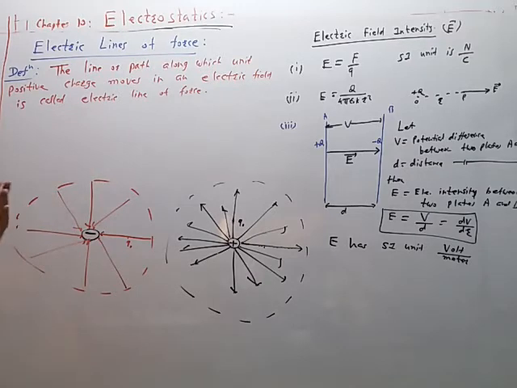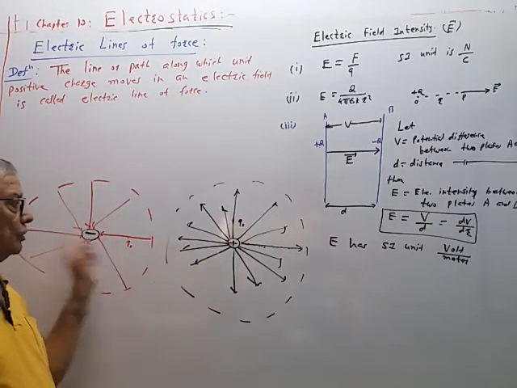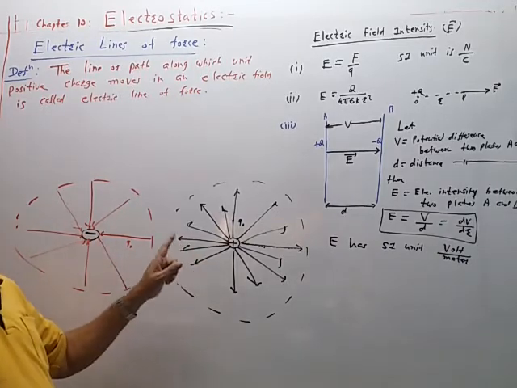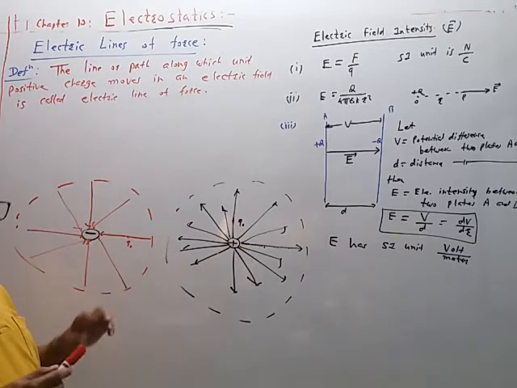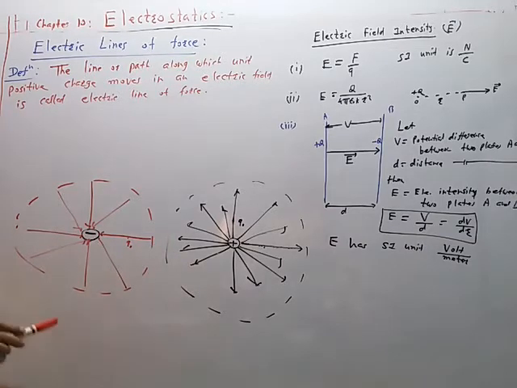So, what will be the nature of the electric lines of forces when there are two charges? The charges may be similar, positive, positive, or negative, negative, or may be dissimilar. One charge is positive, other charge is negative. So, this figure shows the first property of the electric lines of forces.